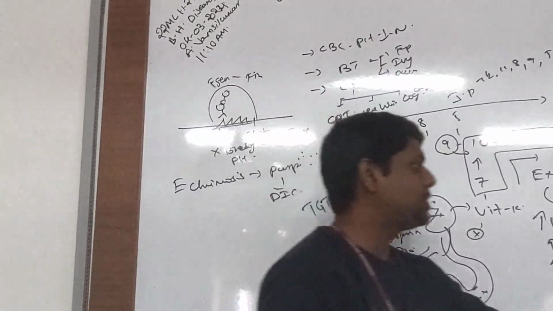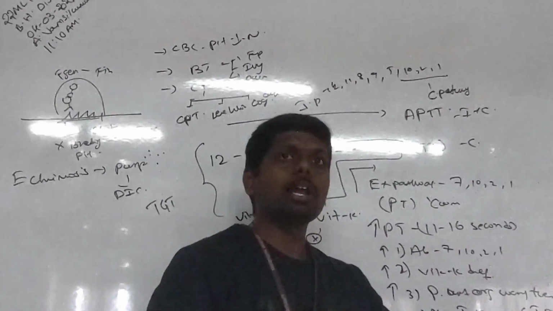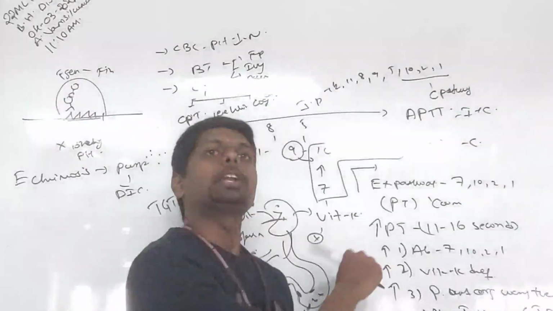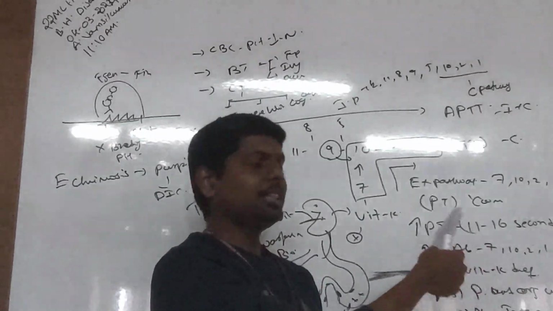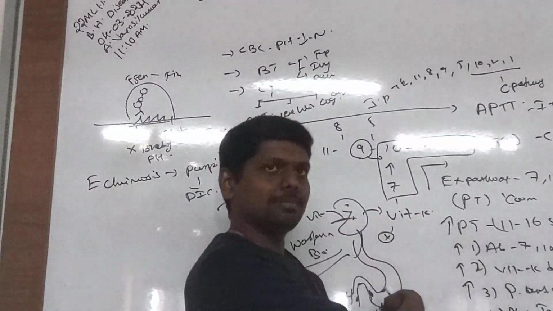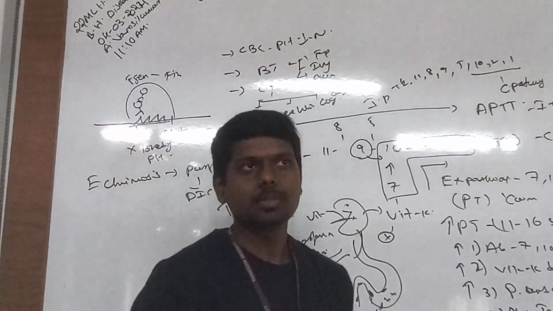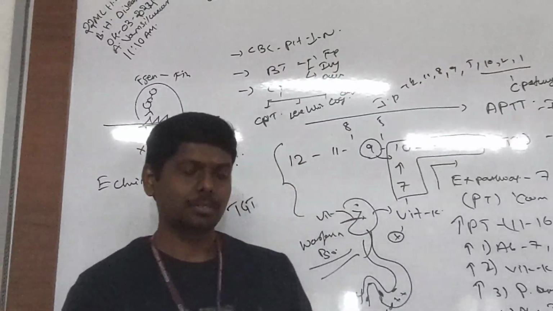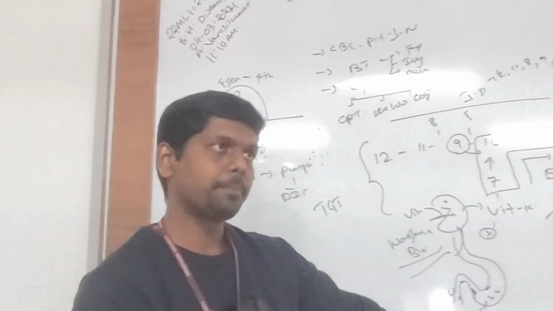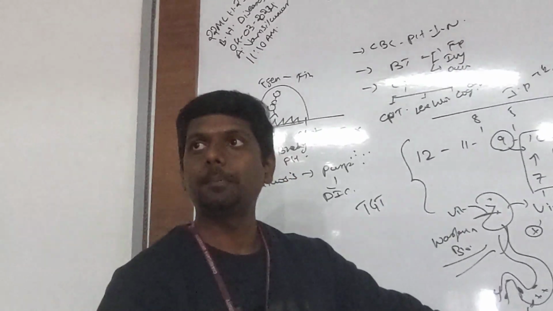This is how a GI abnormality or absorption issue leads to an elevated PT, because of vitamin K. Clear? Any doubts? So far you have understood what PT, prothrombin time, is.